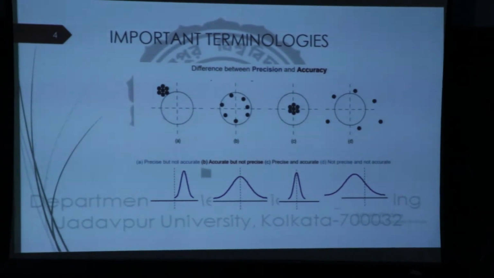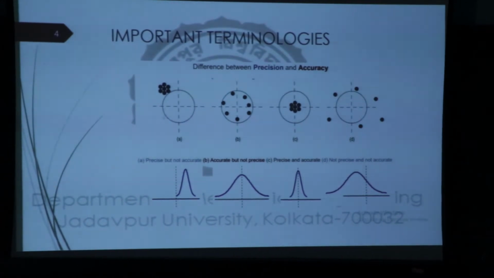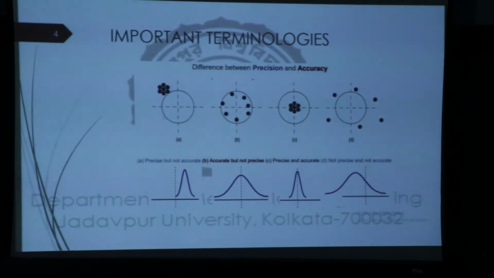Assignable variation means, for example, in your third year workshop class, when you are turning a solid round bar held between two centers, by mistake you did not check the alignment of the center line of the live center and the dead center. It is laterally shifted, by chance. That is going to generate a tapered job.